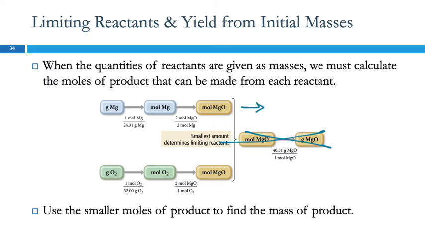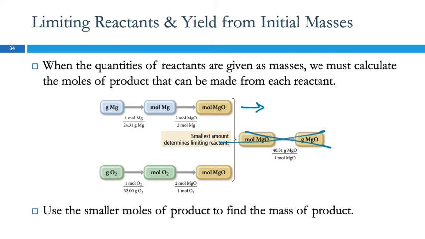I think a more straightforward way is you take each ingredient, each reactant, and you go grams to moles to moles to grams, and you find the mass of the product. And then you look and see which one's smaller. That's your answer.